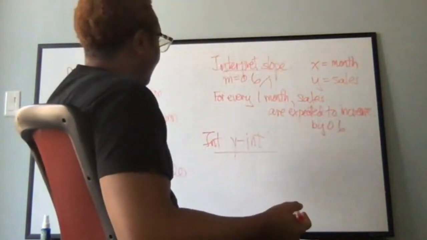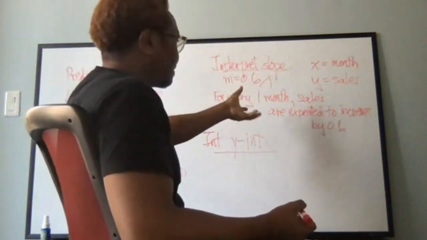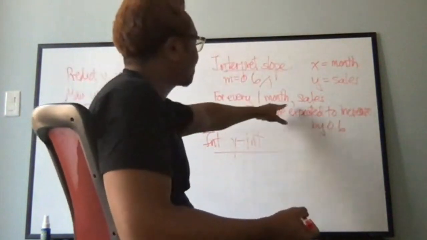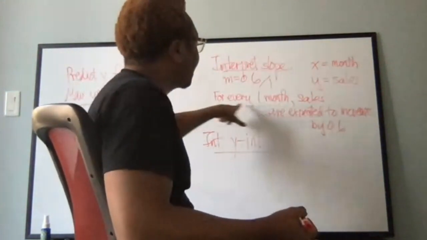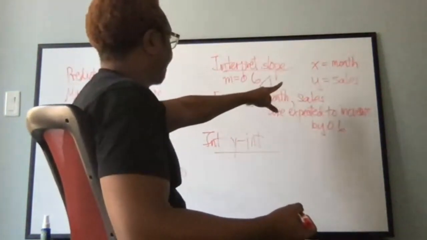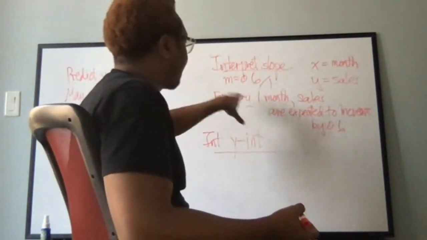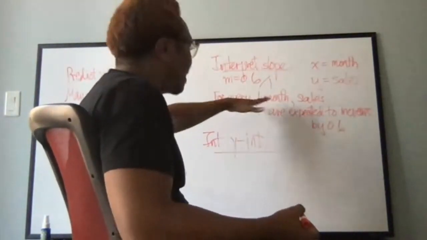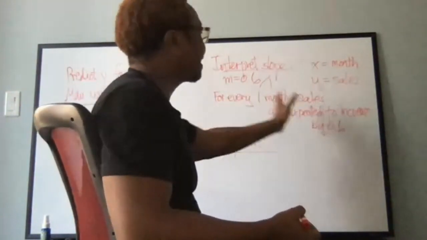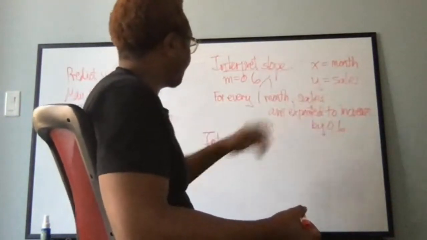I don't know. But notice the difference in general is that the first part of the sentence has to deal with that notion of time. For every 1 month, or for every 1 year, or for every 1 day, monthly, daily, or whatever, and then I go into this part.